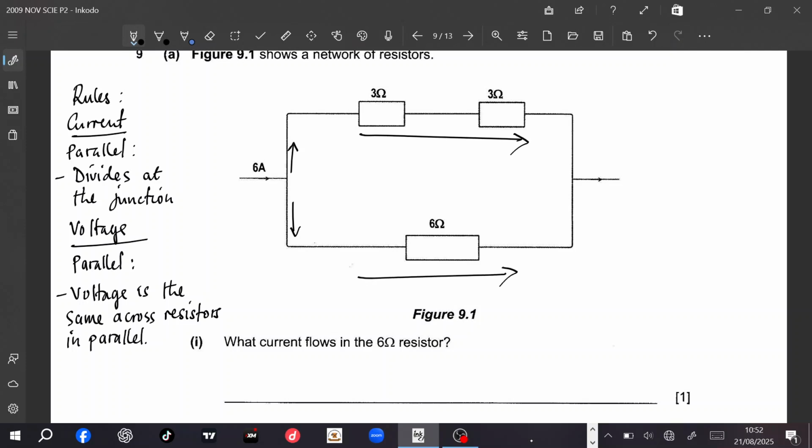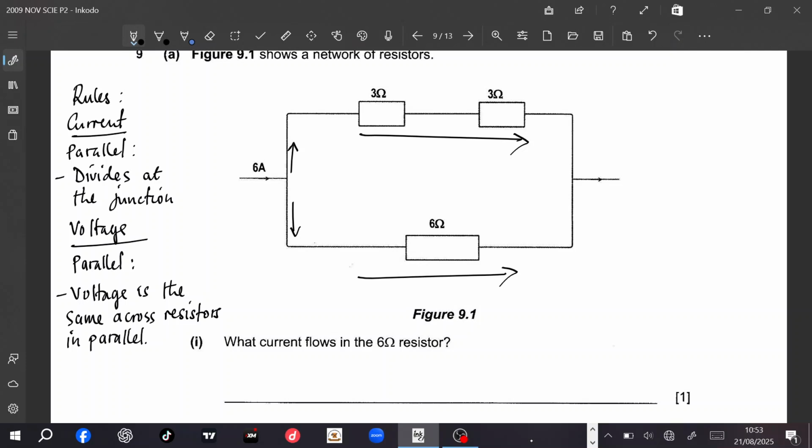Before you understand how much current will go on top or down, first of all, let's find the total resistance in the top route. These two resistors here are lined up in a straight line, so they are in series.